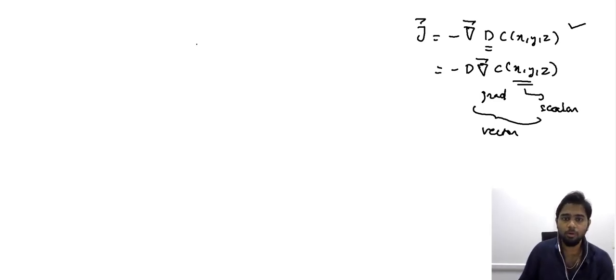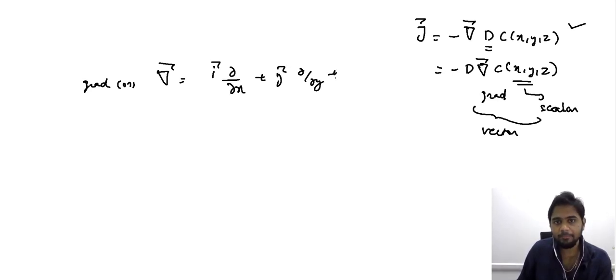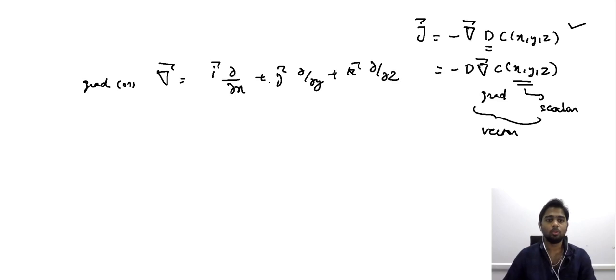Now the skeletal form of this nabla, that is grad, we saw can be written as i dou by dou x, plus j dou by dou y and k dou by dou z. This is just a skeletal representation of what a gradient operator is.